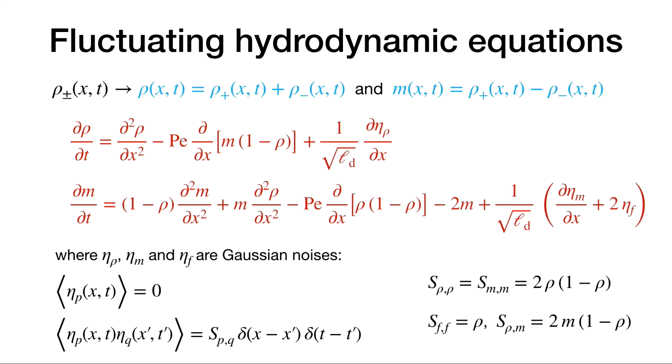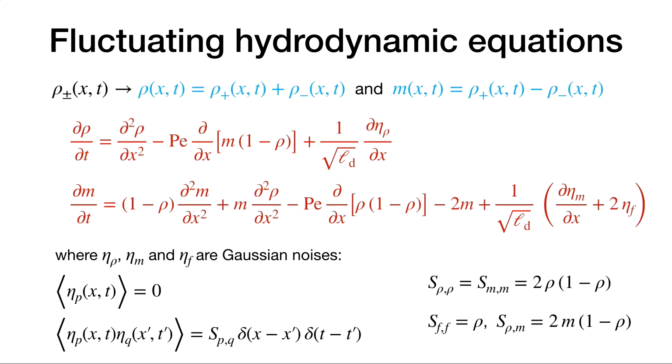As I said, you have this rho plus and rho minus. At this level, you have forgotten about lane 1 and lane 2. It is described by the same coarse grained field, and for that you can actually derive this fluctuating hydrodynamics equation exactly, and it's independent of fine tuning of these parameters. It turns out that this equation for rho is the same as the hydrodynamic equation you got earlier, but this equation for m is different from the other hydrodynamic equation you had for m.